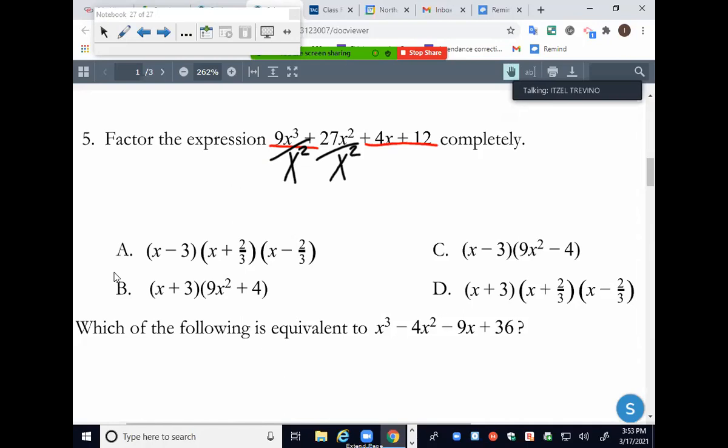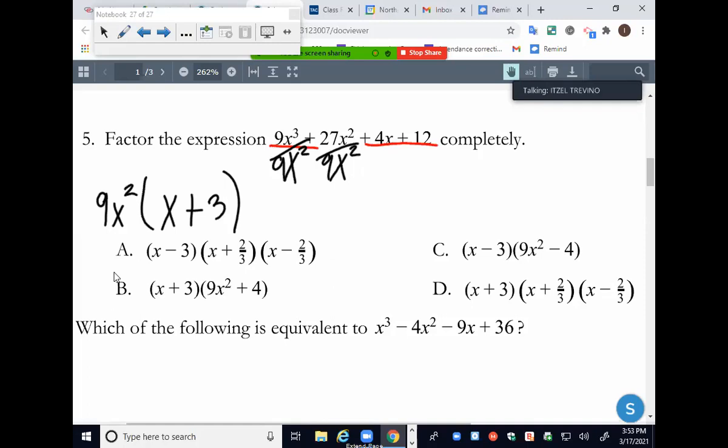We're overthinking it, guys. 9. Can we divide 27 by 9? Yes. Okay, so I'm going to put my x squared and then put whatever's left. 9 divided by 9 is 1, so 1x. What's 27 divided by 9? 3.